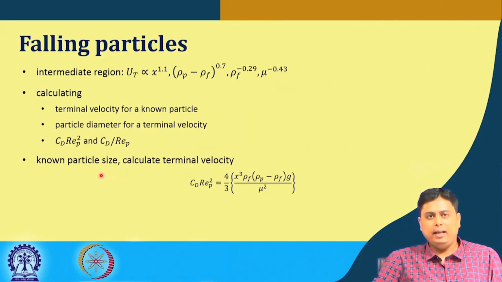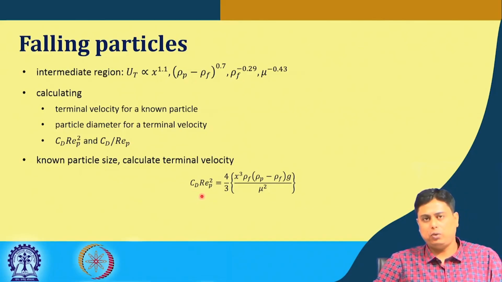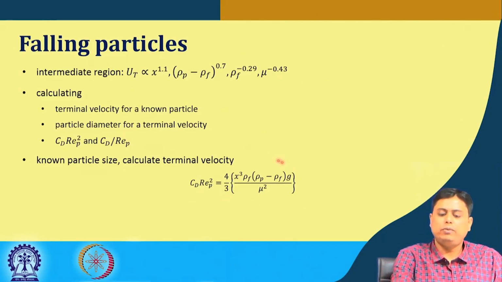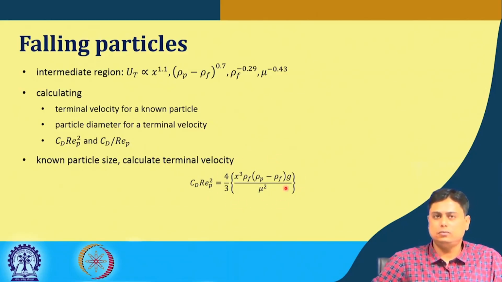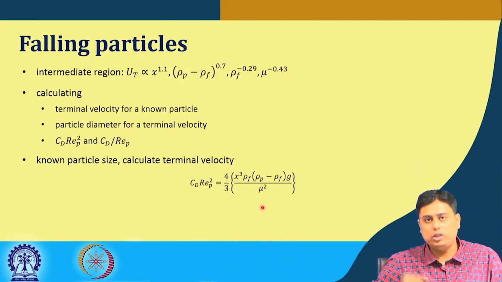And if you calculate this parameter CD multiplied by REP square, the expression will be this one. You can see this parameter is independent of the terminal velocity which you are calculating.